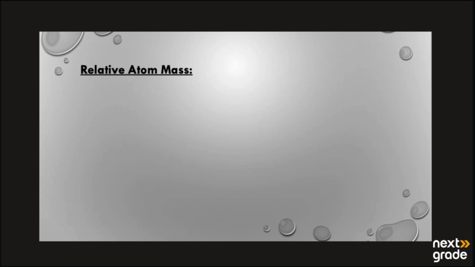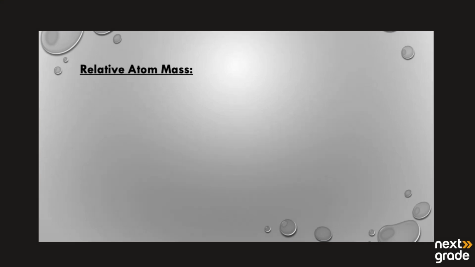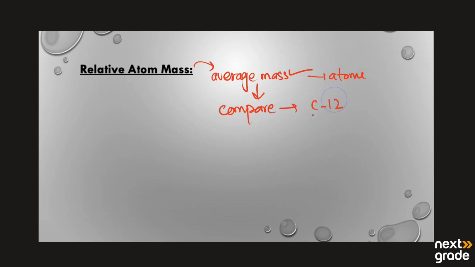Relative atomic mass is basically an average mass. It is an average mass that has been taken of different atoms of an element, and we need to compare that mass with carbon 12.